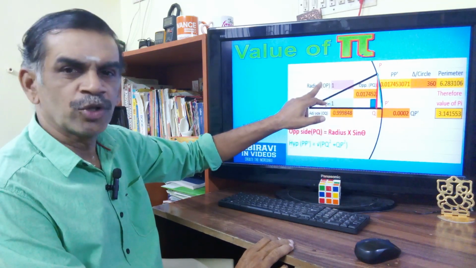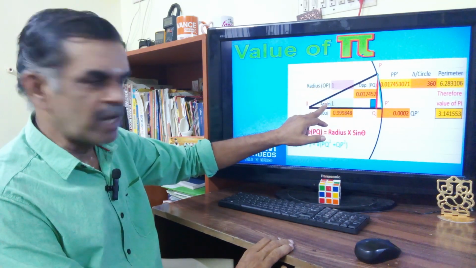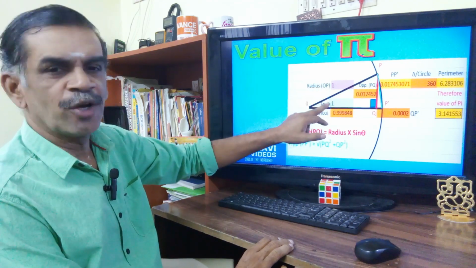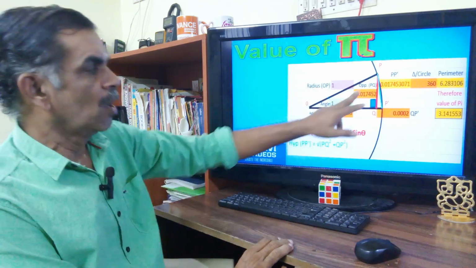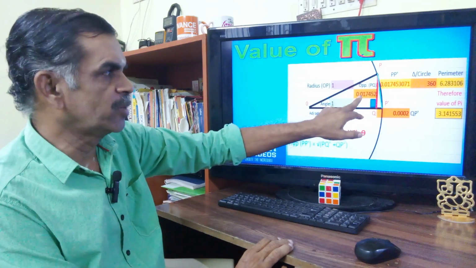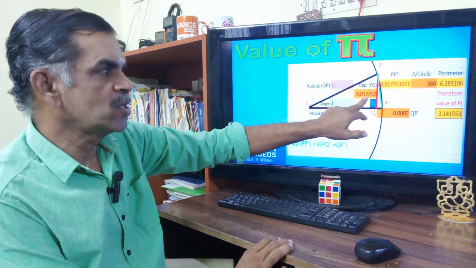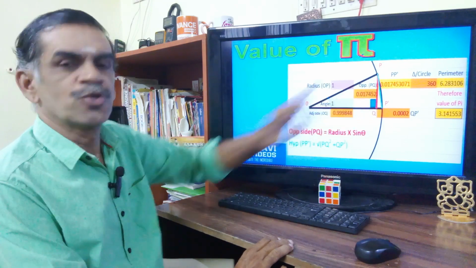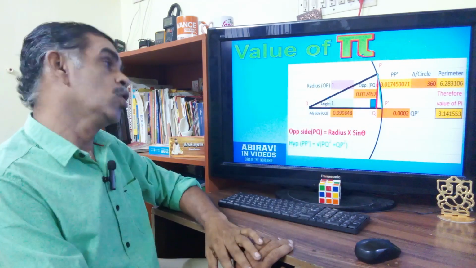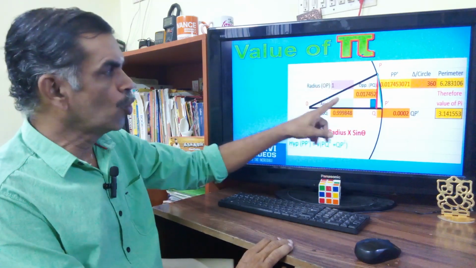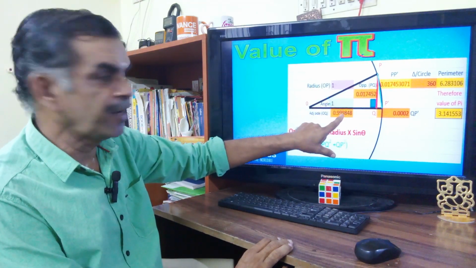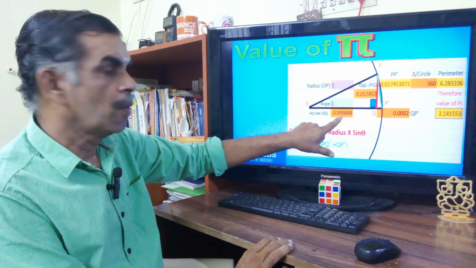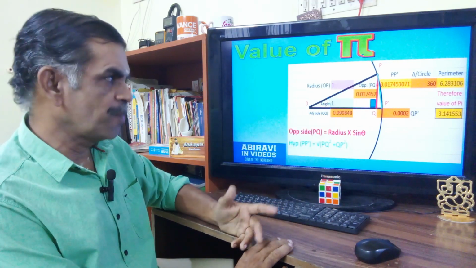We know the hypotenuse and sin theta, so we can calculate the opposite side using trigonometric ratios. That comes to 0.17452 centimeter. If you know the hypotenuse and the opposite side, then you can find the adjacent side by using the Pythagoras theorem.